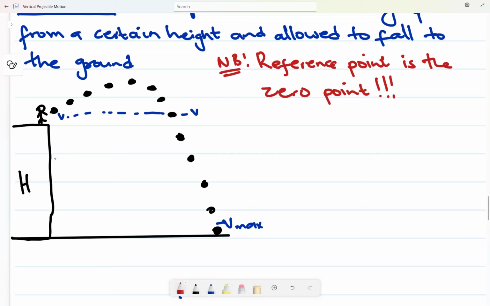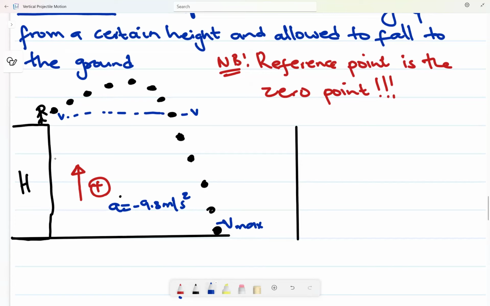So now the choice of direction, you're going to choose upwards as positive. Why? Because our motion started going upward. If I choose upwards as positive, what is my acceleration? My acceleration is going to be negative 9.8 meters per second squared.